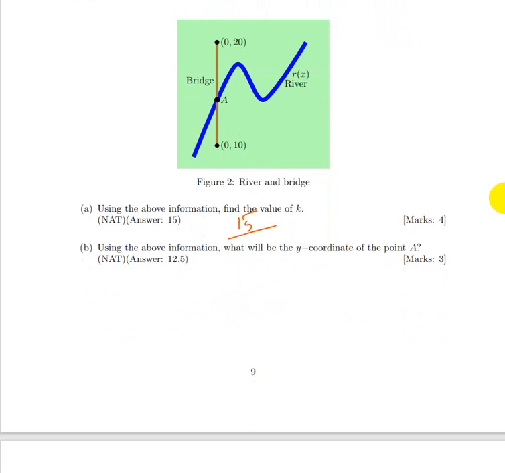Okay, and using the above information, what will be the value of the y coordinate of point A? Okay, so it is evident that if the abscissa of this point is 0, and the abscissa of this point is 0, then the abscissa of this point A will also be 0, because these 3 points are collinear.